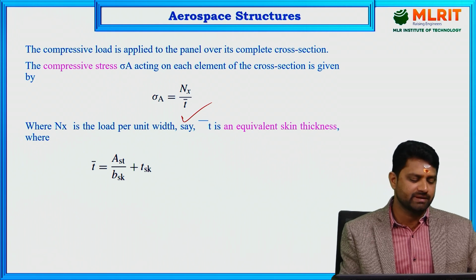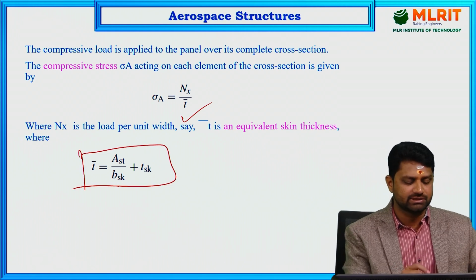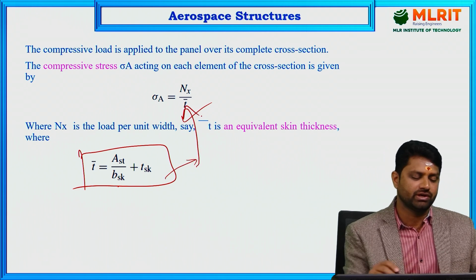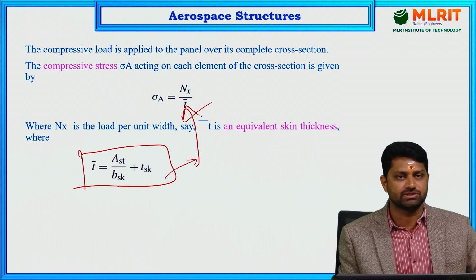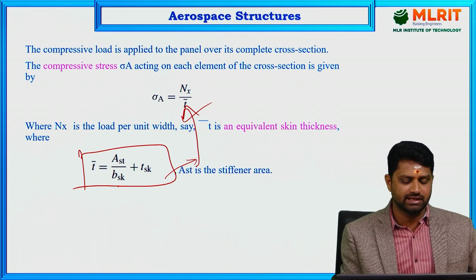It is given by T bar equals AST, the area of the stringer, divided by the width of the skin, plus the thickness of the skin. This equivalent thickness is very important, and you can substitute it here to get the compressive stress, where AST is the area of the stiffener.